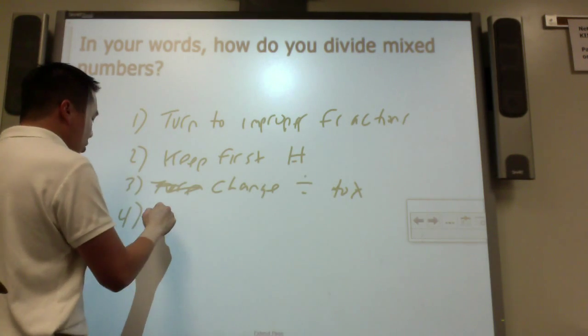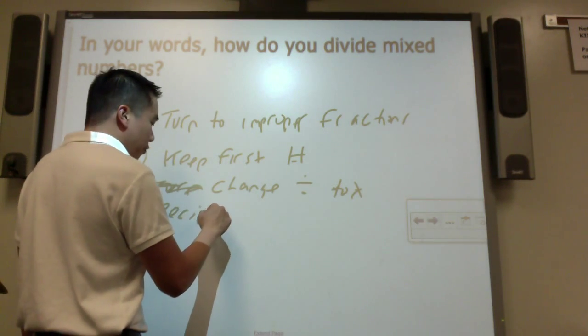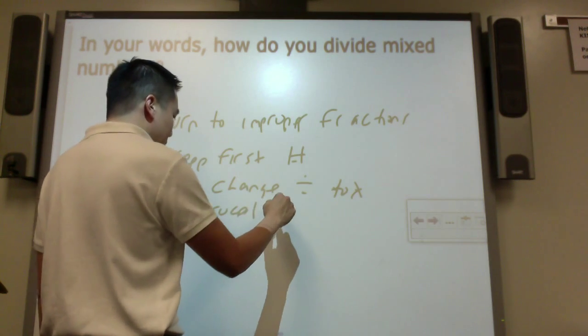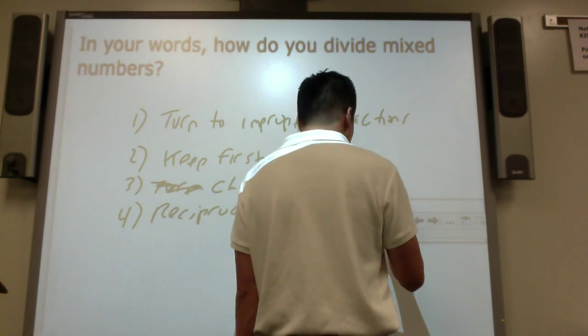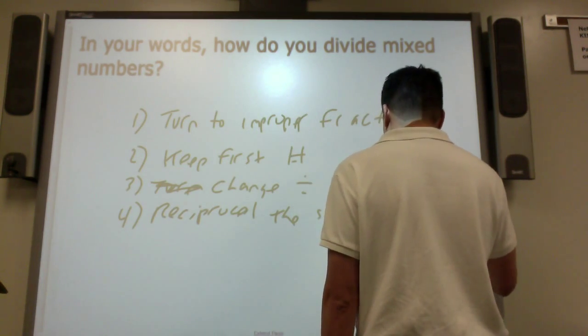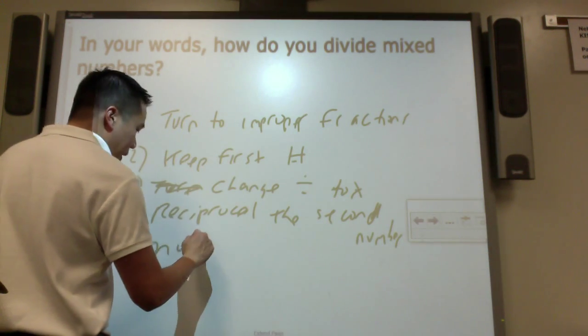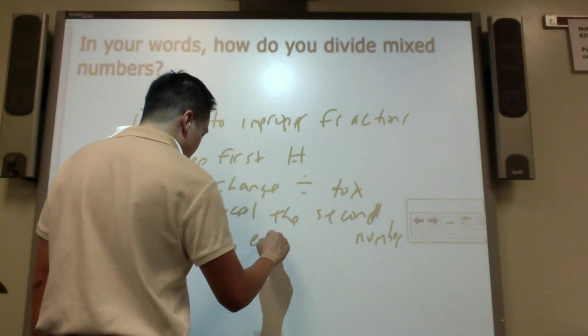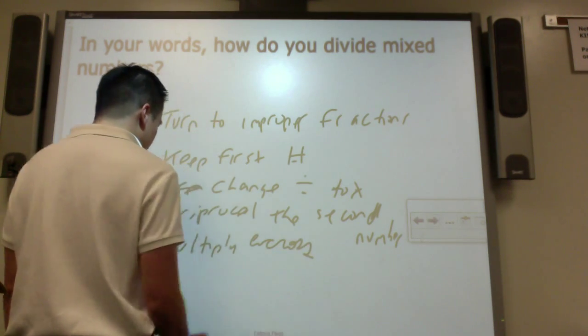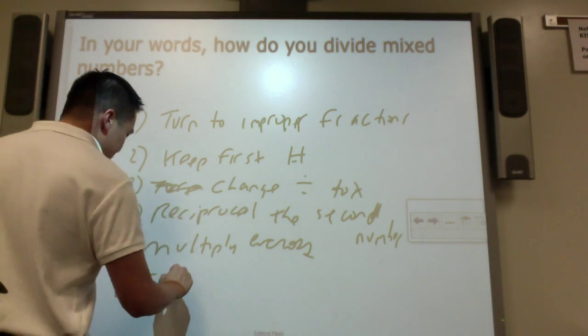And then you do the reciprocal, or flip, the second number. And then you multiply across. And sometimes you will have to simplify.